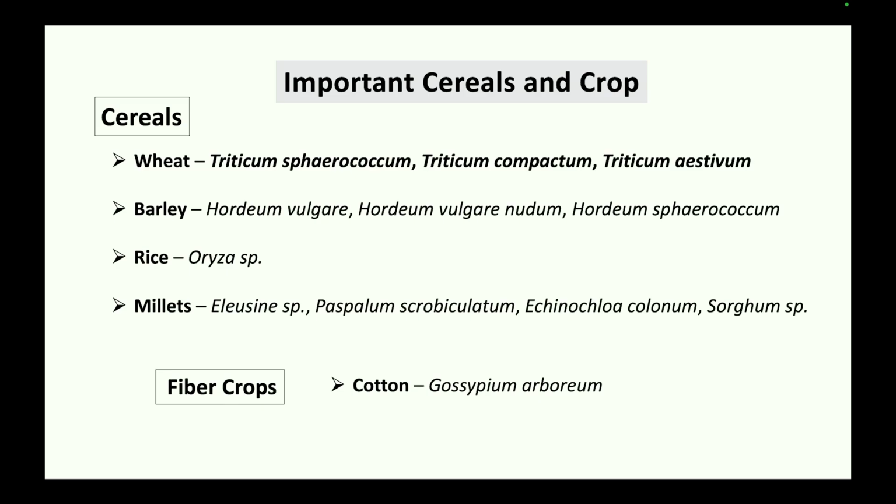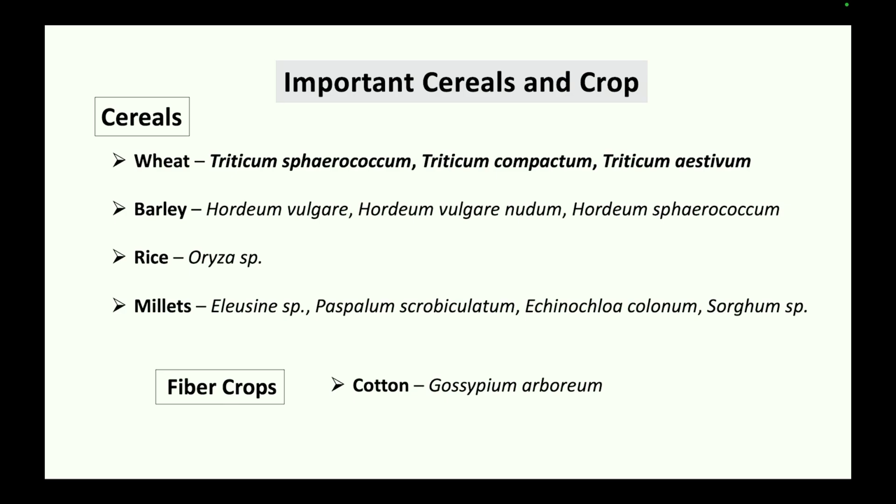In wheat, the species are Triticum sphaerococcum, Triticum compactum, Triticum aestivum. In the barley category, it is Hordeum vulgare nudum, Hordeum sphaerococcum. In the rice category, the species is Oryza, and in the millets category, it is Eleusine species, Paspalum scrobiculatum, Echinochloa colona, and sorghum species.